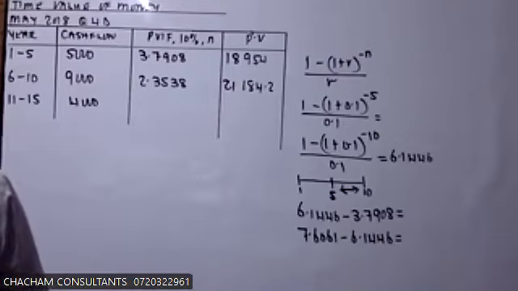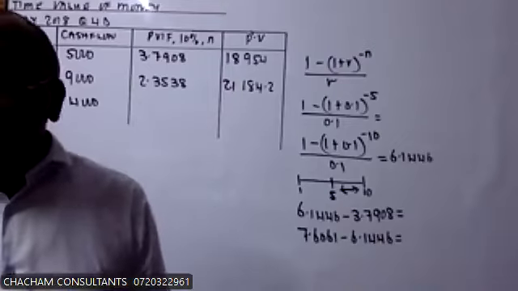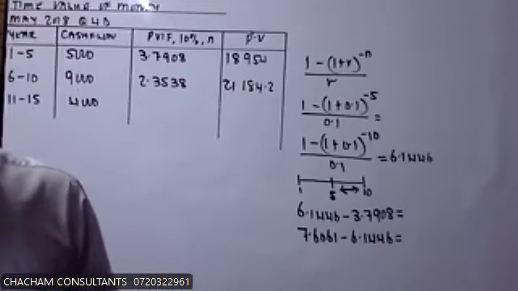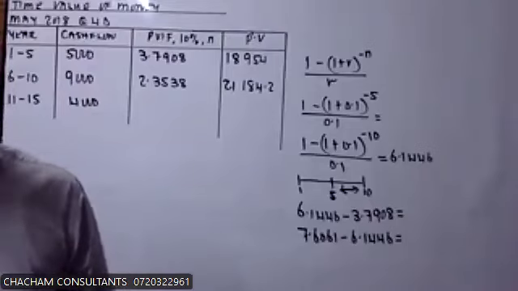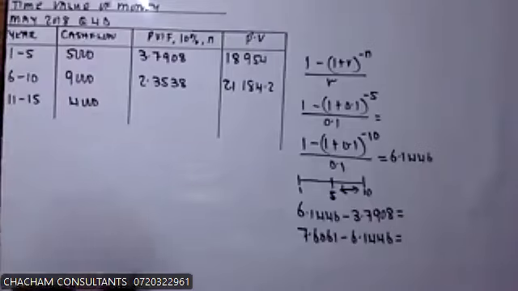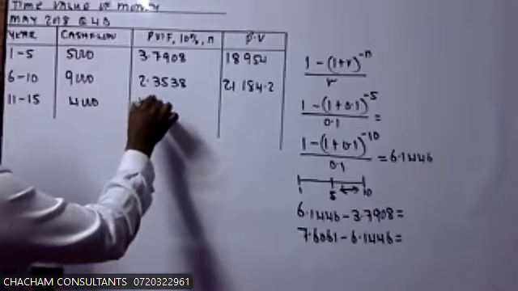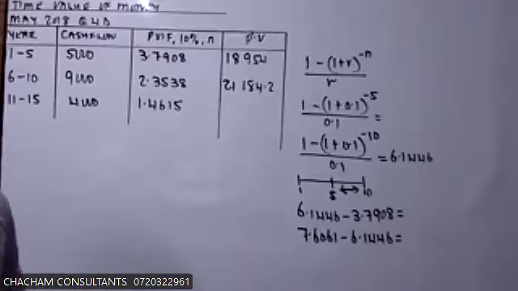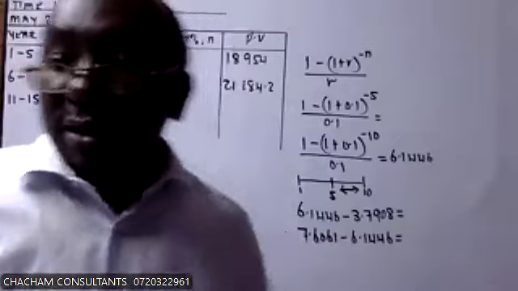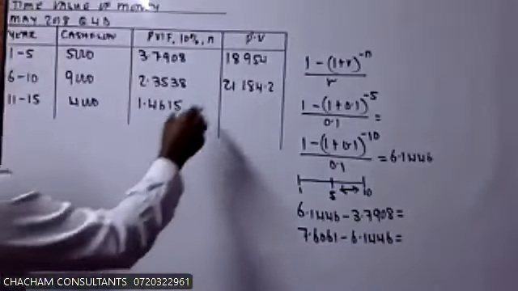When you subtract, what are you getting? 1.4615. So now multiply by the 4,000. So we are getting 5,846.